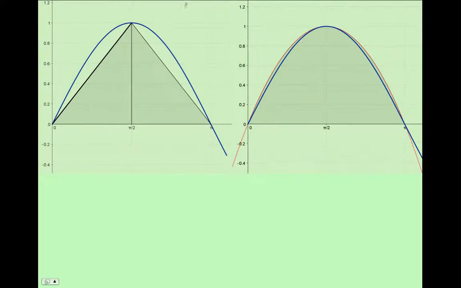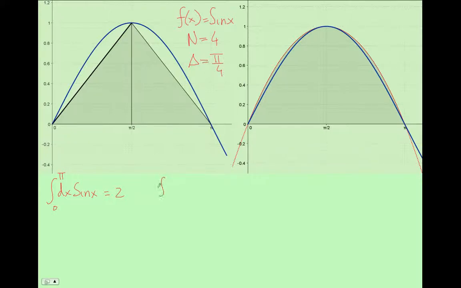Let's repeat with the same function, f of x equals sine x, and we want the same integral, that is to say from 0 to pi of sine x, whose value is 2. But now I'm going to take more points, n equal to 4. That means my grid spacing is now pi by 4.